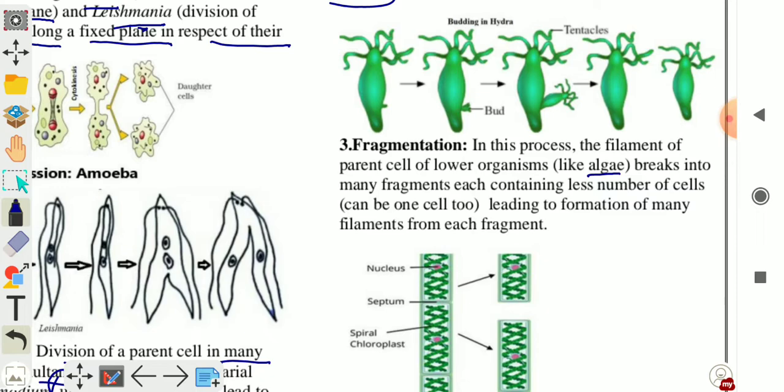Each fragment contains fewer cells, can be one cell too, leading to the formation of many filaments from each fragment. So one fragment can convert into a new organism, that is Spirogyra. This type of asexual reproduction by fragmentation takes place in Spirogyra, which is an alga.